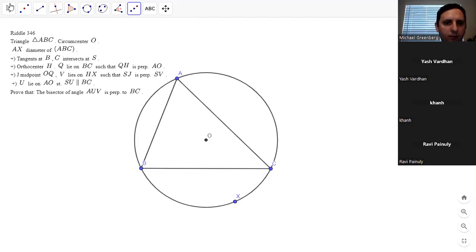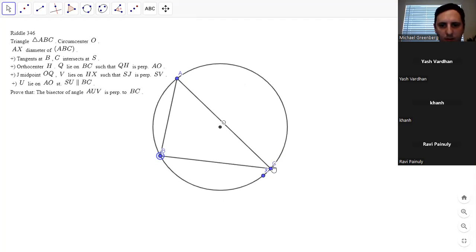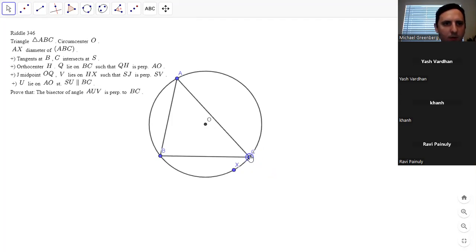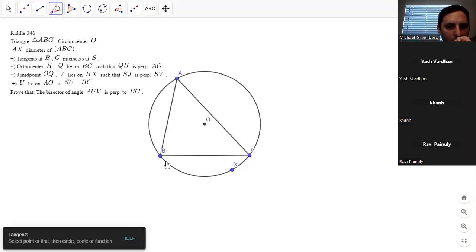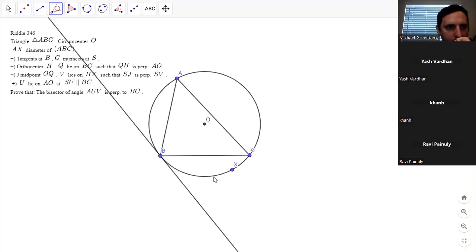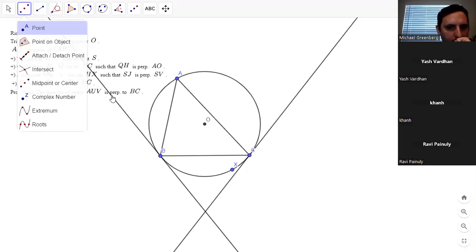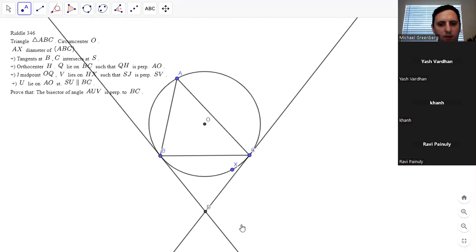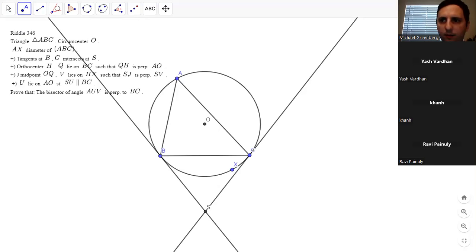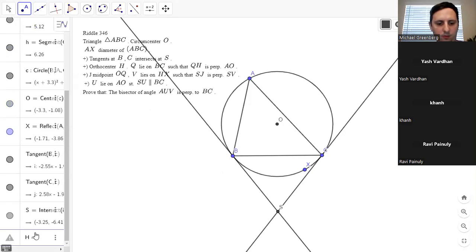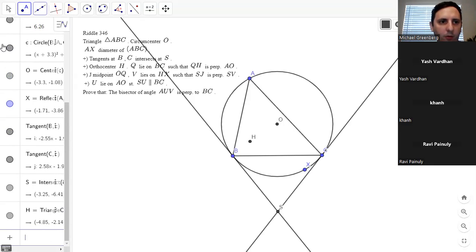Let's draw the tangents. Intersect at S. H is the orthocenter of ABC. QH is perpendicular to AO.